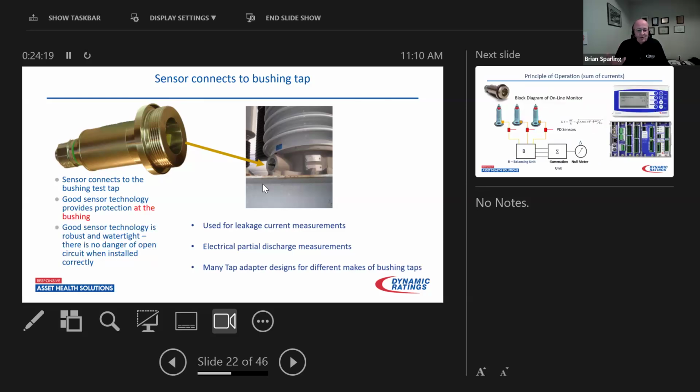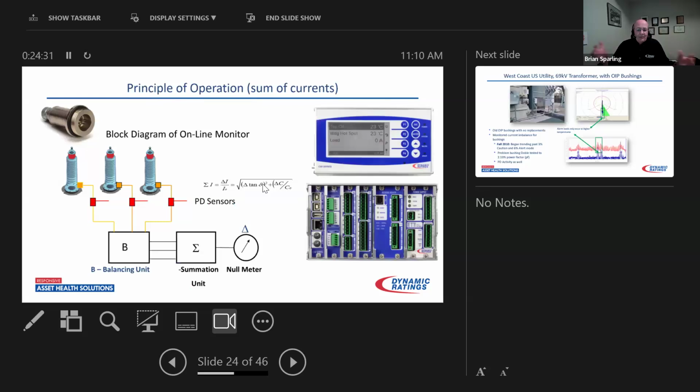And it has to be a good sensor protection. It has to be robust and watertight so that there's no danger of having an open circuit when this is properly installed. So how it works: you have 3 bushings, 3 phases, measuring the leakage current into the monitor, a balancing unit, we call it balancing, and the summation, because what we're looking at is the change in the vector sum of the leakage currents.